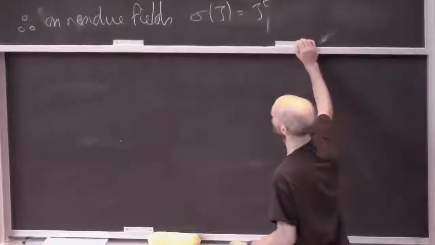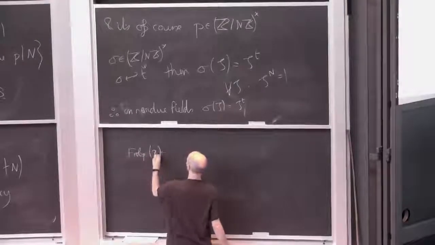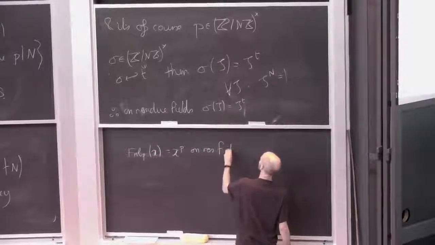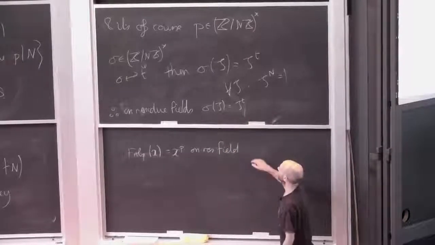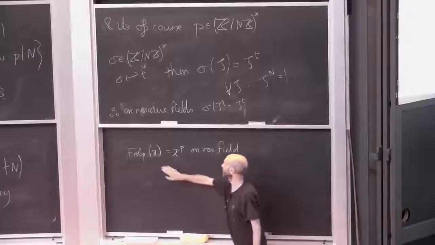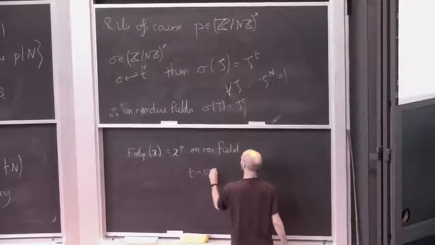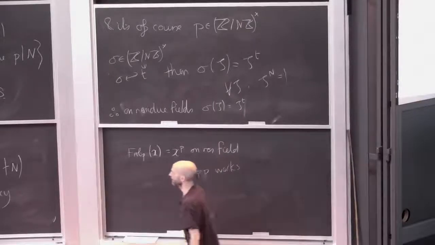But Frob_p of x is, of course, just x to the p on the residue field. So we have to think of some t that when you reduce everything mod p, the map zeta goes to zeta to the t becomes x goes to x to the p. So therefore t equals p works. So there's a very brief sketch as to why that's happened.